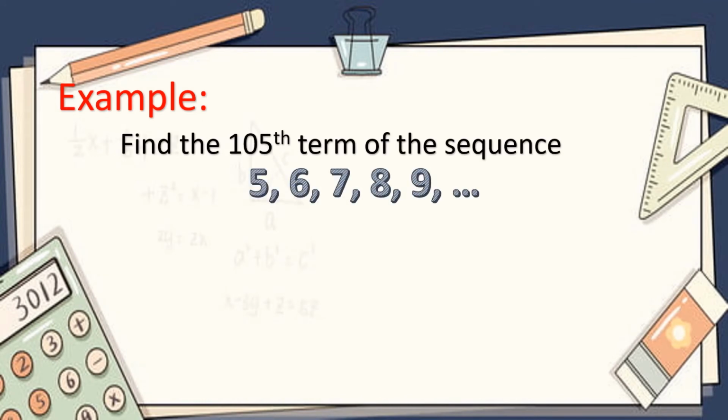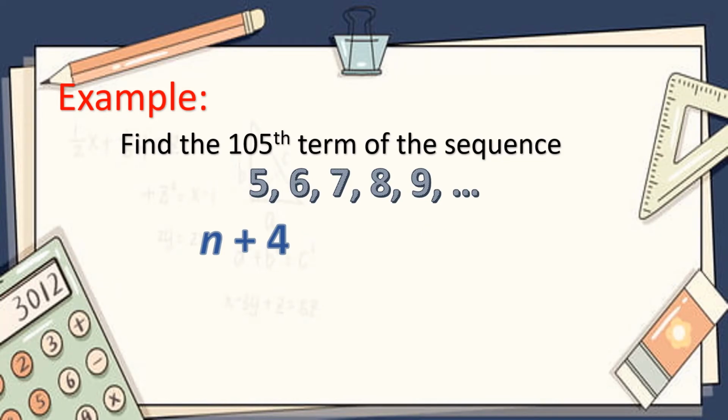Now, for example, we want to know the 105th term of the sequence. We will not use the listing method. We will not list all the numbers to find the 105th term. We will use the n plus 4 or the general term in order to get the 105th term.